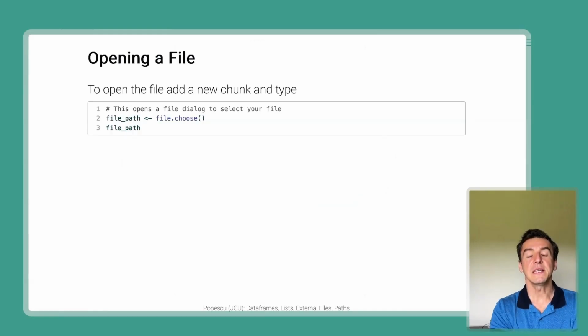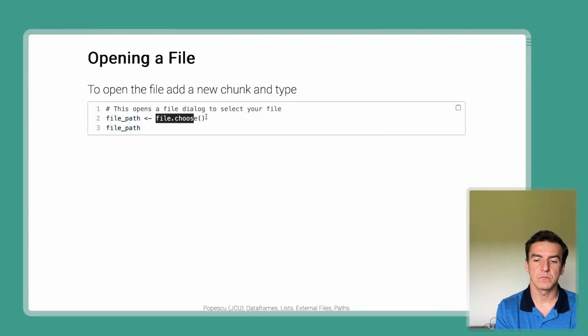So the easiest way to make sure that you get the path to the file correctly is to use this file.choose option. This file.choose option allows you to manually interact with the interface directly.